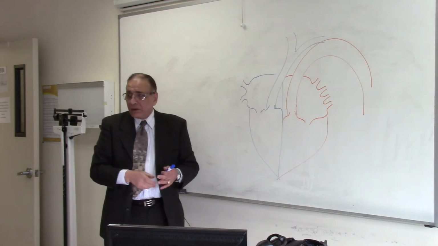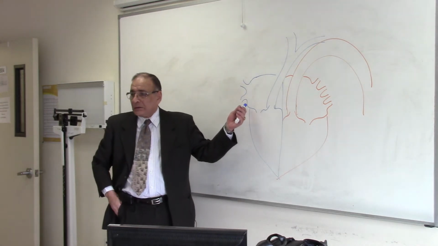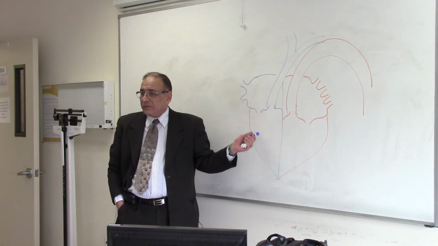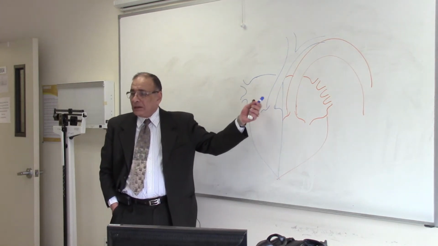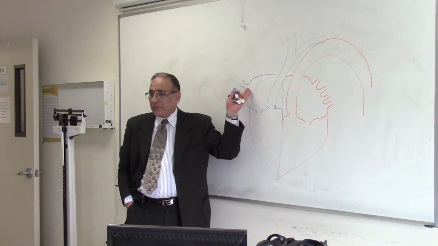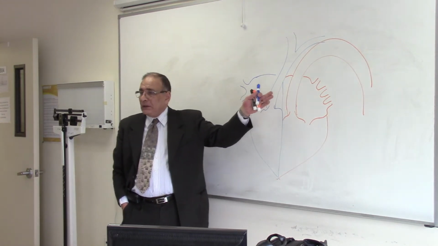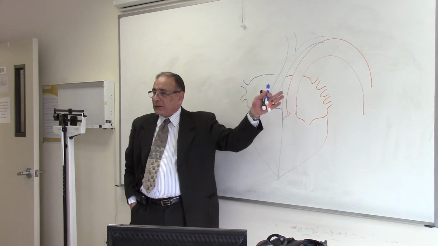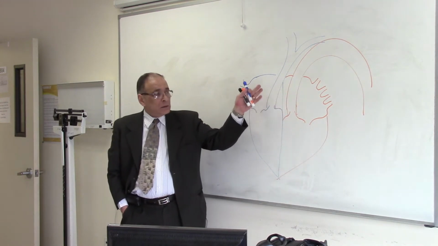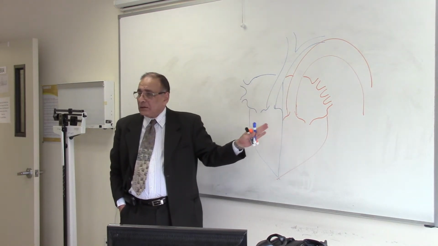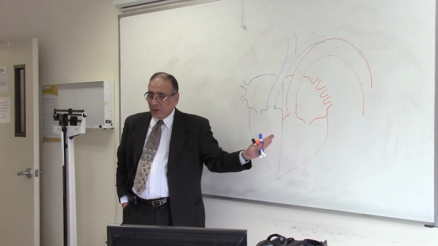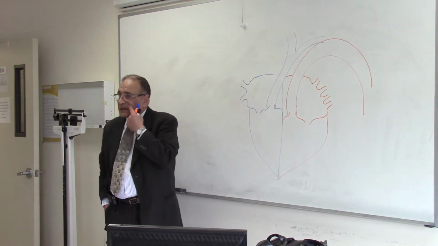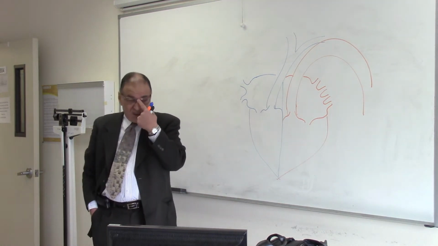The heart has 4 chambers, 2 atria and 2 ventricles. The atria is the plural form of atrium. This is right atrium, left atrium, both atria located on the top, and right ventricle, left ventricle, both ventricles located in the bottom of the heart.